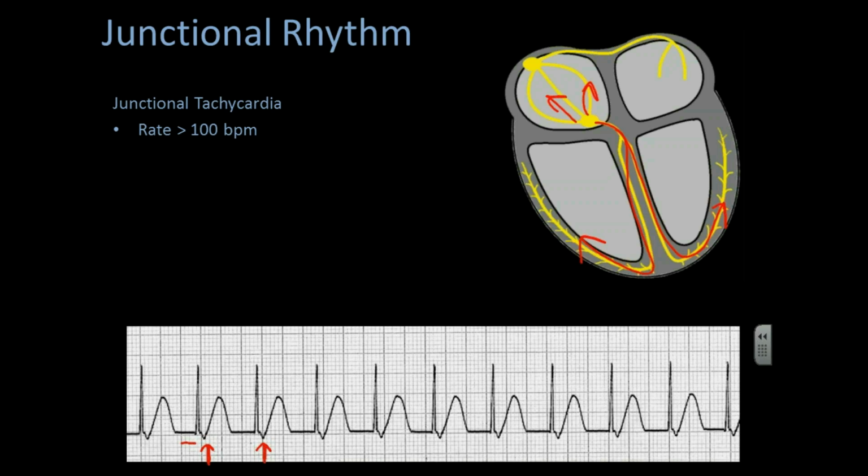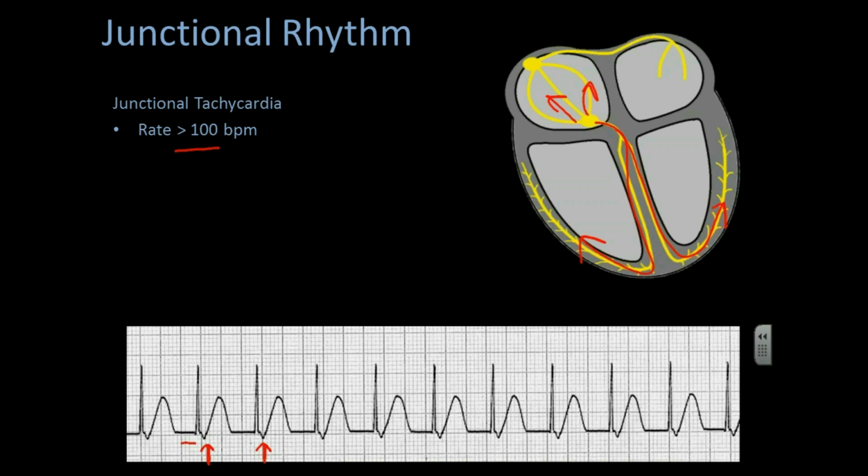Now, junctional tachycardia is the same as accelerated junctional, except that it paces even faster, greater than 100 beats per minute. And this can be hard to identify sometimes because when the rate increases up to 120, 130 beats per minute, it's hard to tell whether there's a P wave in front of the QRS or not.